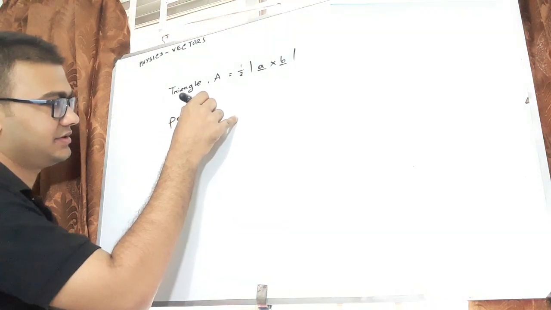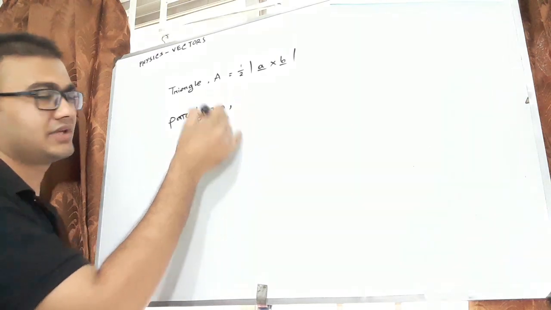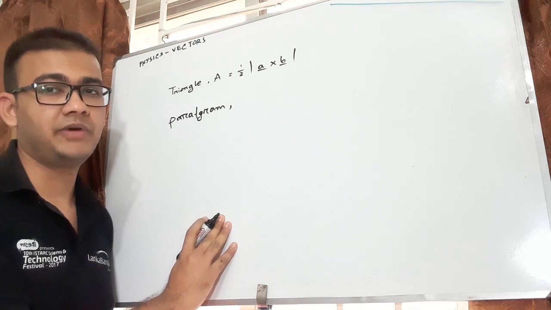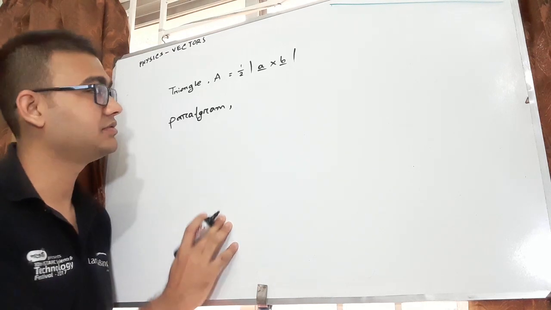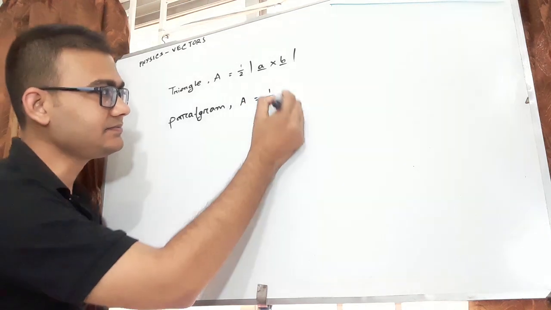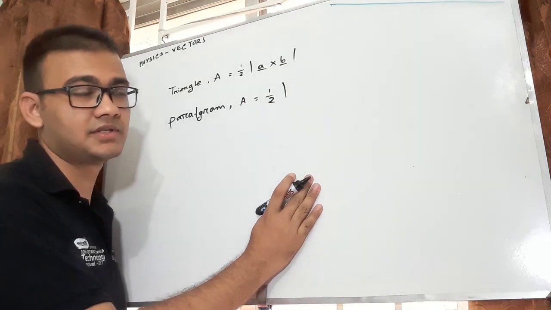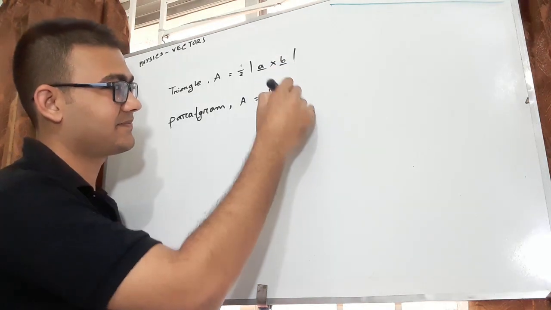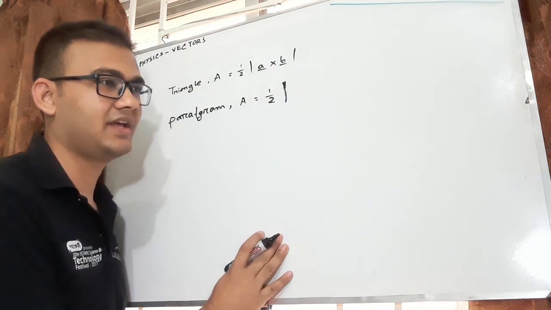parallelogram, whenever you have to calculate the area of a parallelogram, then you had to use any two of the sides. They have to be creating an angle.